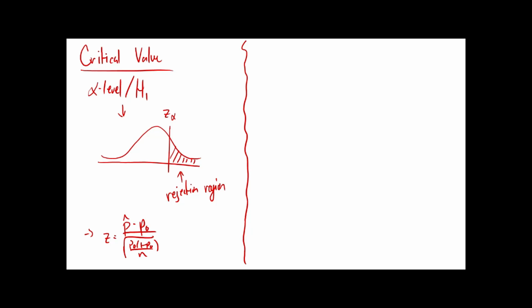Okay. But there is an alternate approach that we can use, which is called a p-value approach. And the p-value approach says, don't worry about the critical value. Go straight to the test statistic.